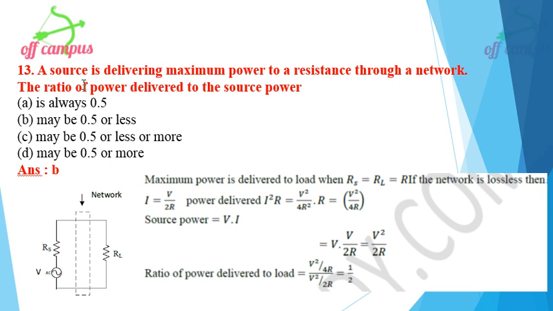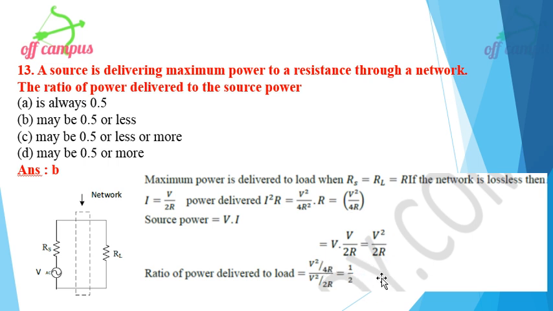Then we need to find the source power, because we found the power delivered to the load. We need to find the ratio of power delivered to the source power. So source power equal to VI. So what is I again? I equal to V by 2R. So V into V by 2R equal to V squared by 2R. Then what is the ratio? Ratio of power delivered to load divided by the source power equal to V squared by 4R divided by V squared by 2R.